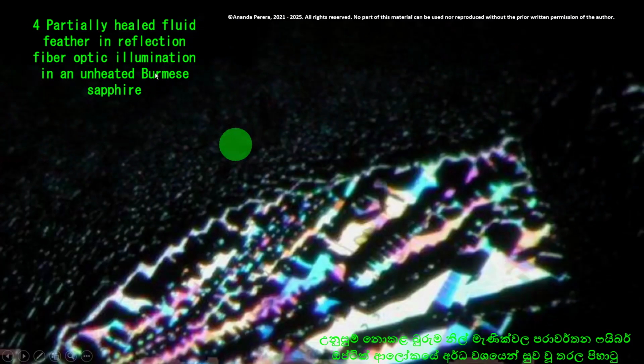Here, there is a beautiful inclusion we learned earlier many times. Partially healed fluid feather. It is a fluid feather in reflection fiber optic illumination. The lighting condition here is reflection fiber optic illumination in an unheated Burmese sapphire.